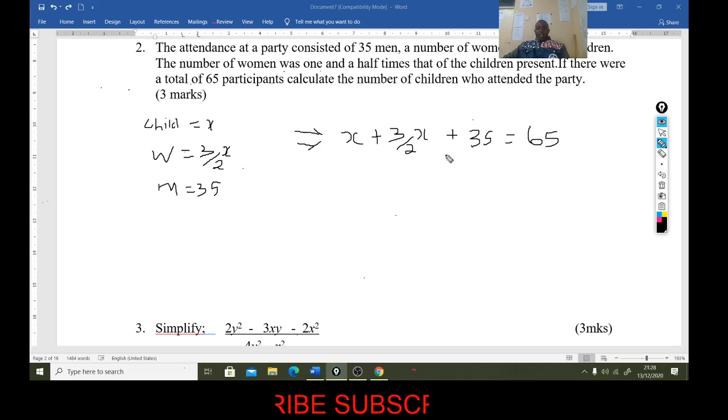So if we put like terms together, 3/2 plus 1 gives you 5/2. So this is 5/2x plus 35 equals 65.